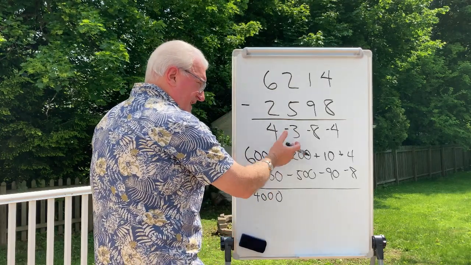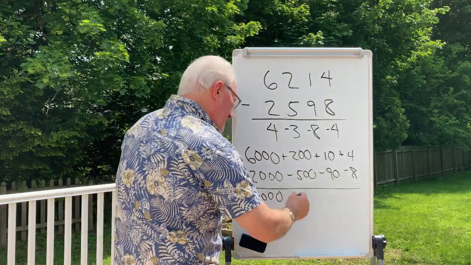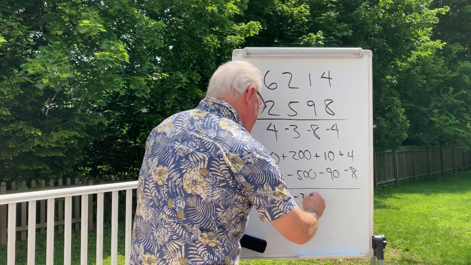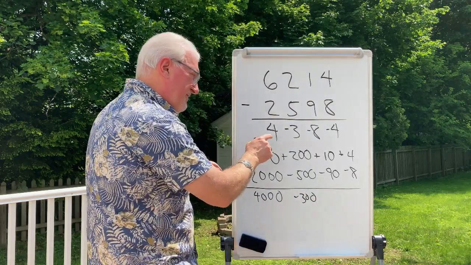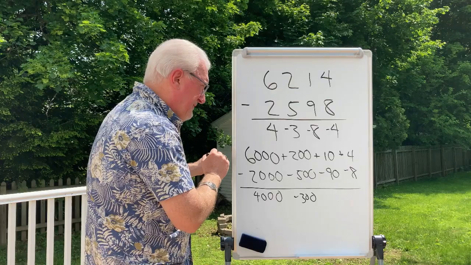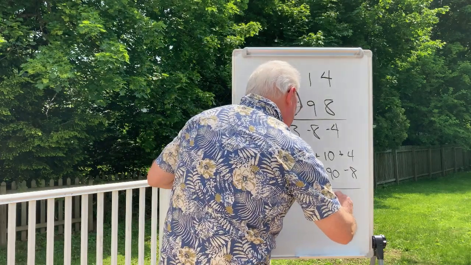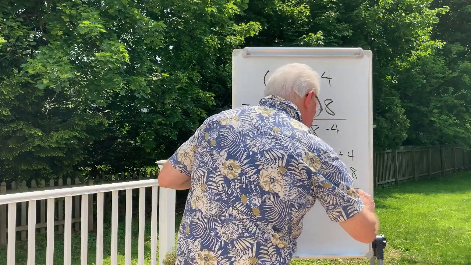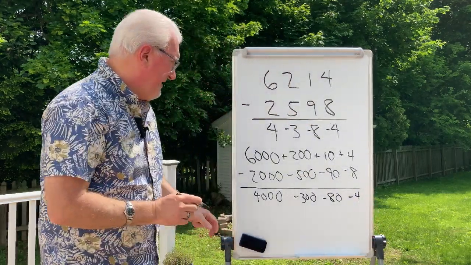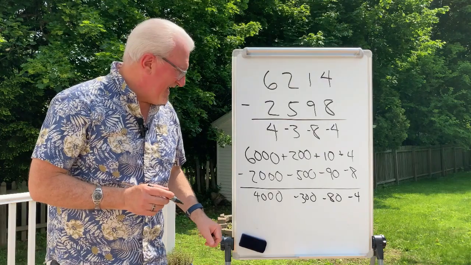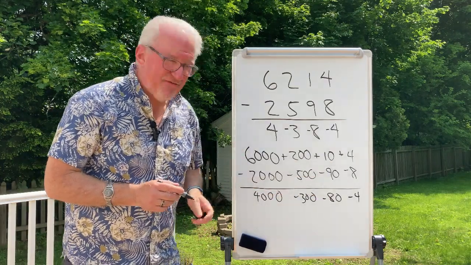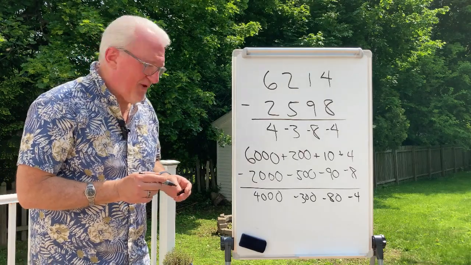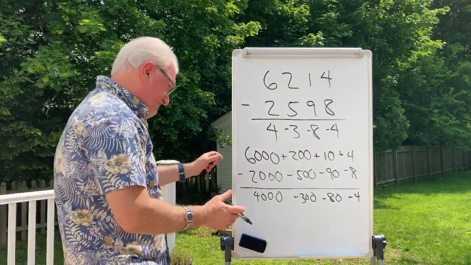If we take the 500 away from the 200, we get negative 300. 90 from 10 is negative 80. And 8 from 4 is negative 4. Sure enough, that's 4,000, negative 300, negative 80, negative 4. Exactly the answer that we have up here.